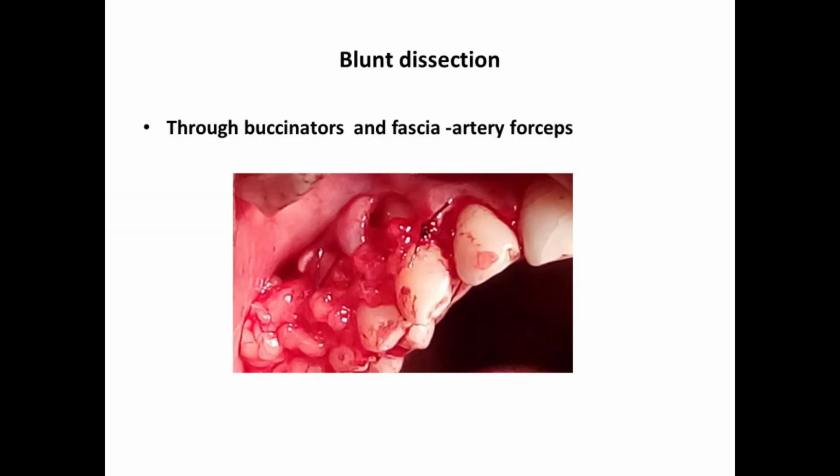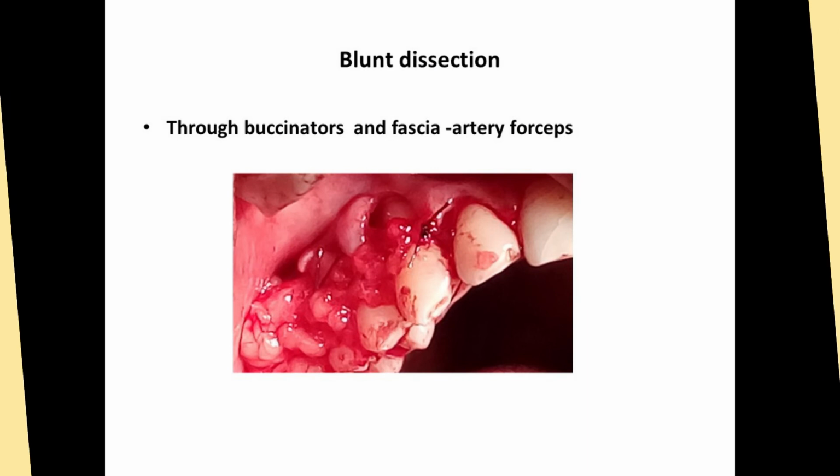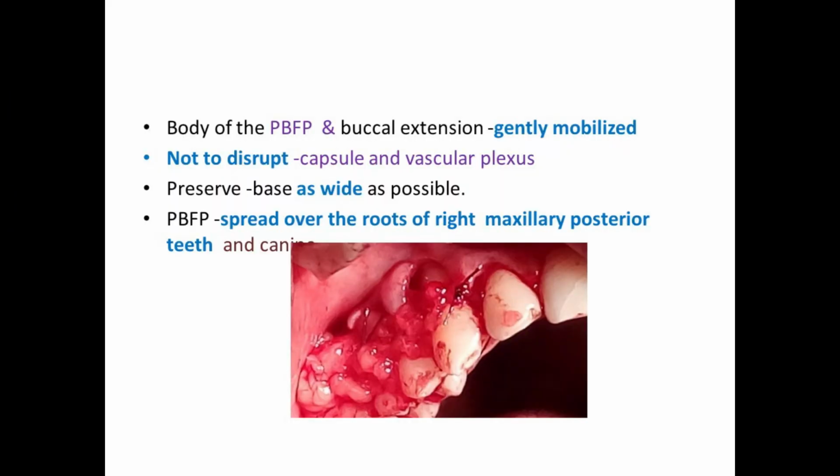After the incision we made a blunt dissection through the buccinator muscle and fascia with artery forceps. Then we gently mobilized the body of the pedicle buccal fat pad and the buccal extension. We should not disrupt the capsule and vascular plexus, and we preserve the base as wide as possible. We spread the buccal pad of fat over the roots of the right maxillary posterior teeth where the defects are seen.